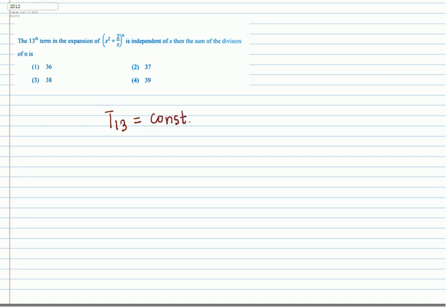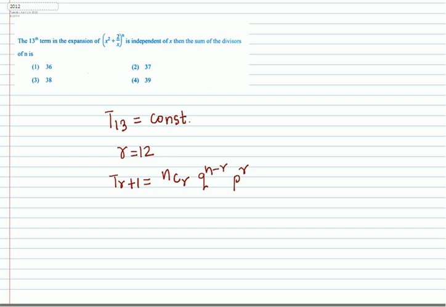Okay, means independent of x. As it is t13, it indicates what? r must be equal to 12. Fine, therefore let me substitute using t(r plus 1), what is the identity? nCr q raised to n minus r into p raised to r.